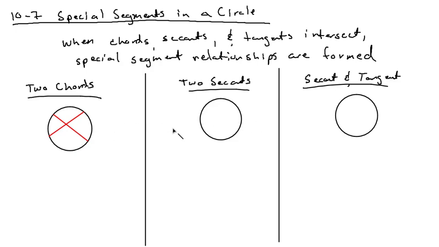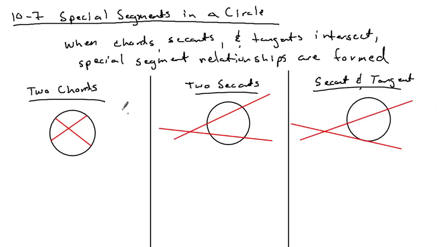We're going to do two secants intersecting in a circle, and we're going to do a secant and a tangent. So here's our secant and here's our tangent. We're going to label everything again.